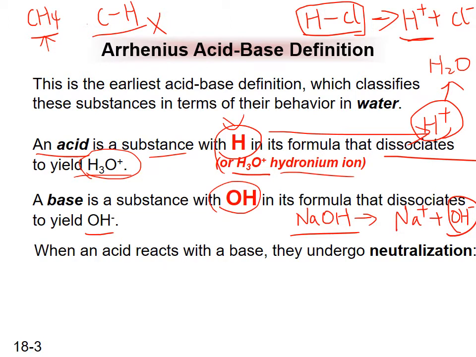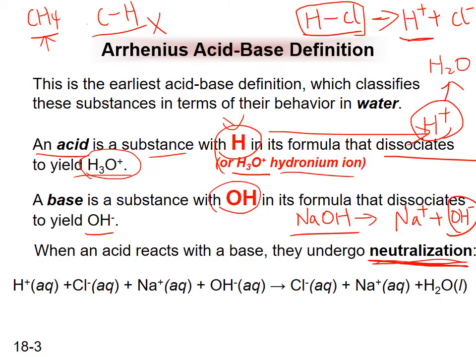When an acid reacts with a base, they undergo a reaction called neutralization, and the reaction is like this. In water, for example, hydrogen chloride, as shown here, dissociates into hydrogen ion and chloride ion, and sodium hydroxide dissociates into sodium ion and hydroxide ion.